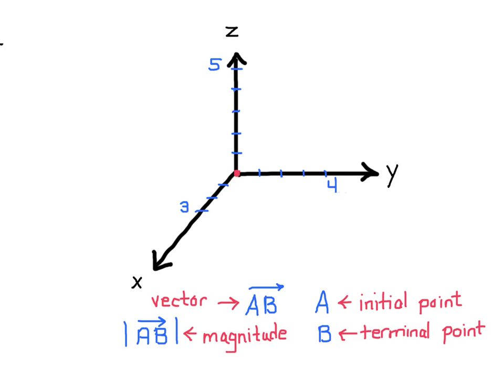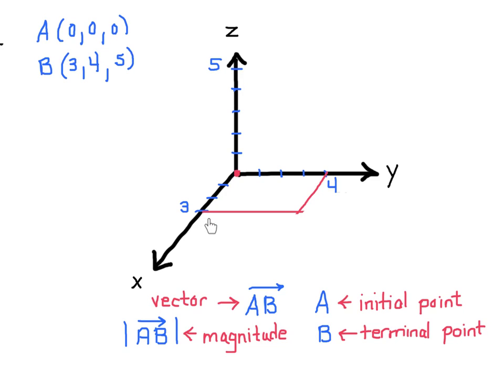If our initial point A is at the origin and our final point B has the components x equals 3, y equals 4, and z equals 5. Let me fix that, that's B. We can graph it here.